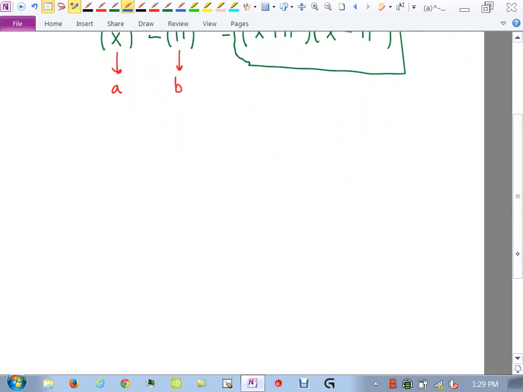Now these can get kind of tricky. Like if I have 5x squared minus 125y squared.